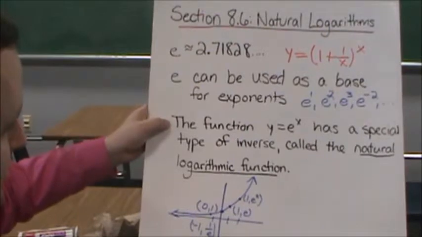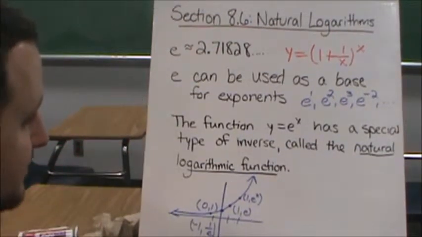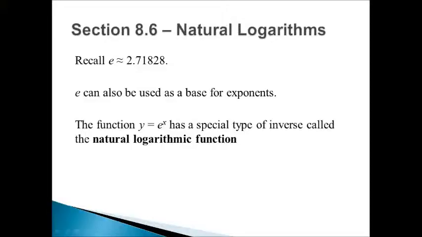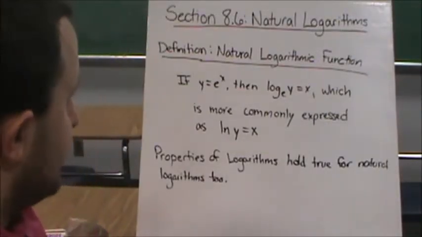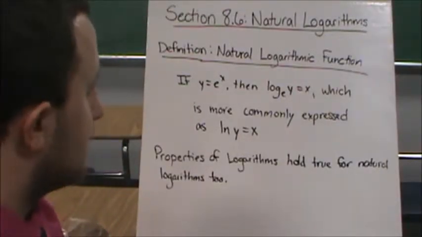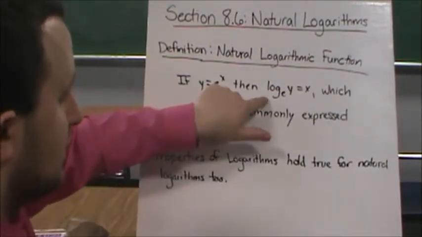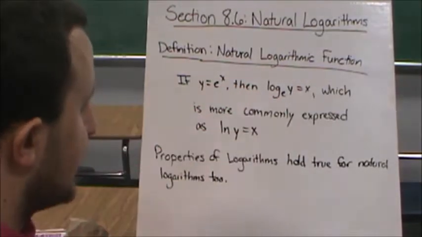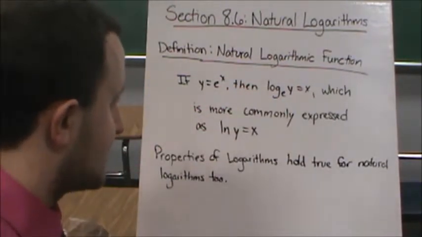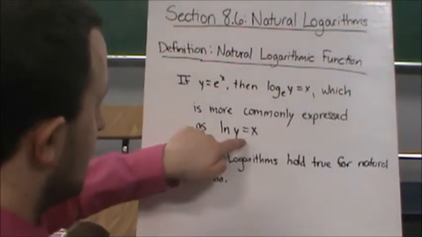But it turns out that this function, y equals e to the x, has a special type of inverse, and we call that the natural logarithmic function. So here is the formal definition. If we have our exponential function y equals e to the x, then log base e of y is equal to x, which we more commonly express as just ln of y equals x.